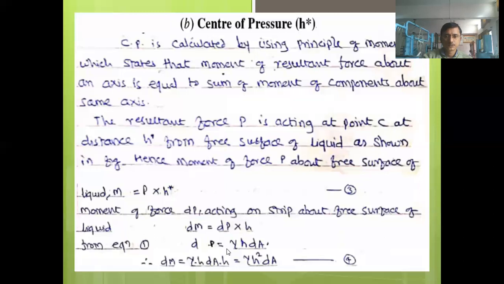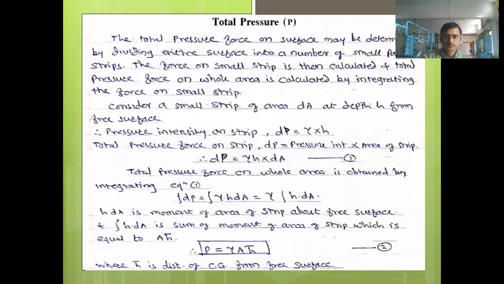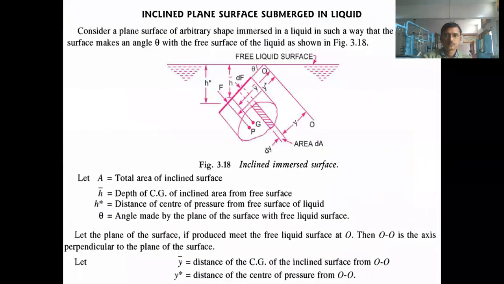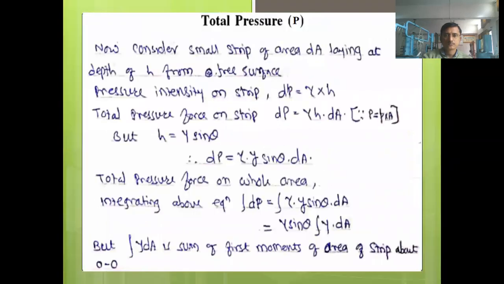Here dP is equal to gamma h dA, right? Then instead of this h, we are putting y sin theta. Gamma sin theta is put here.